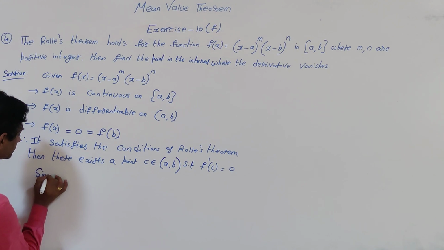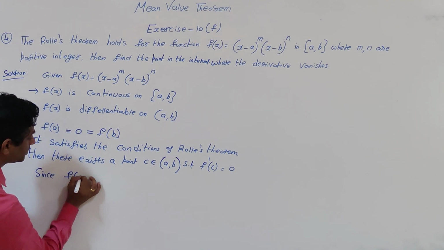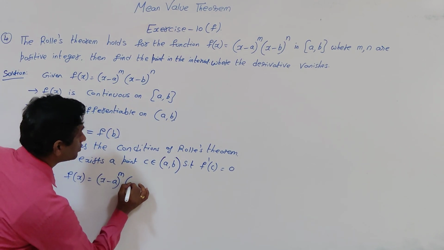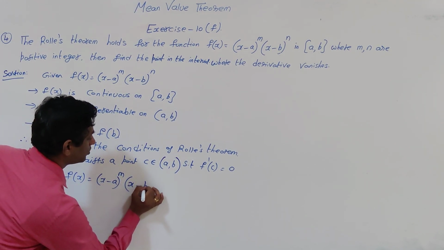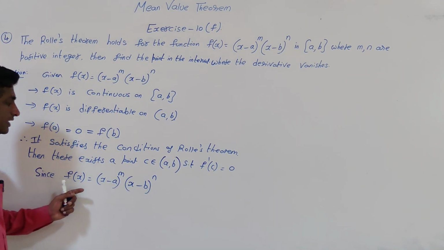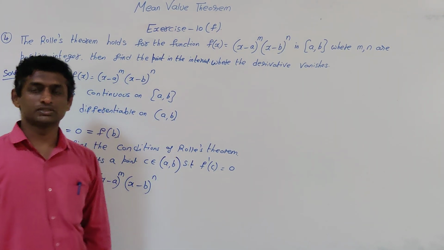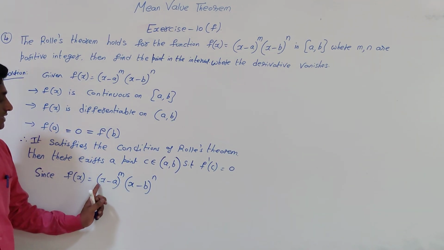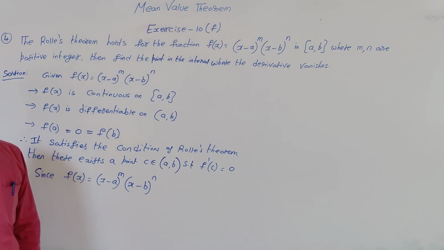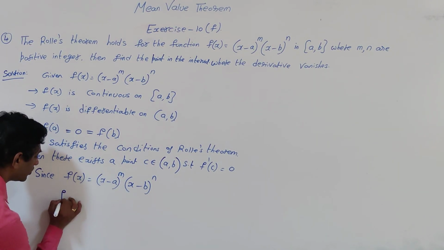Since f of x is equal to x minus a whole to the power of m into x minus b whole to the power of n, as it is a product of two functions, where the first function is x minus a whole to the power of m and the second function is x minus b whole to the power of n, now we will find the derivative.